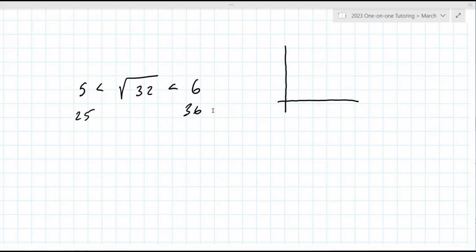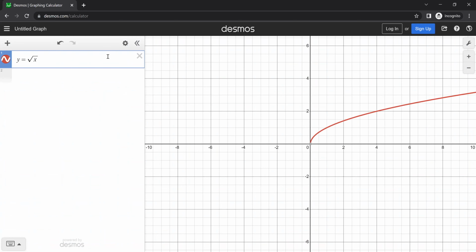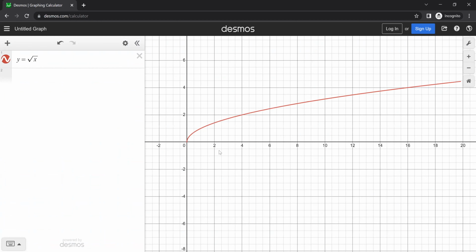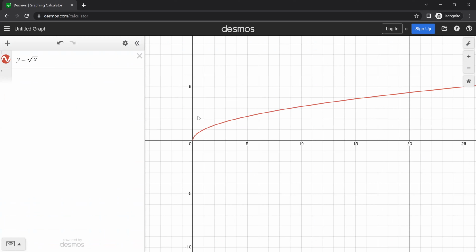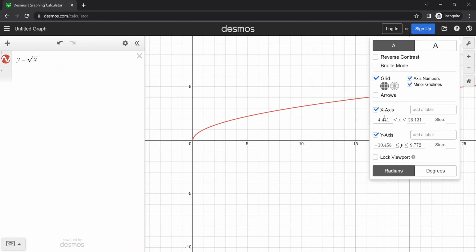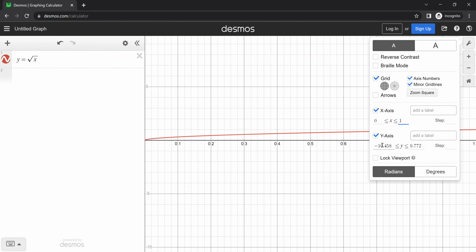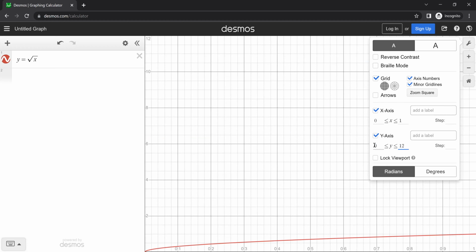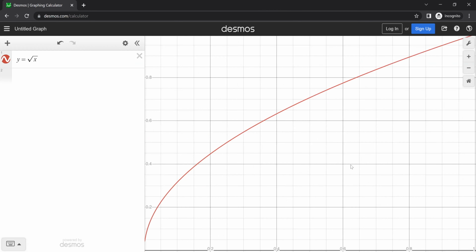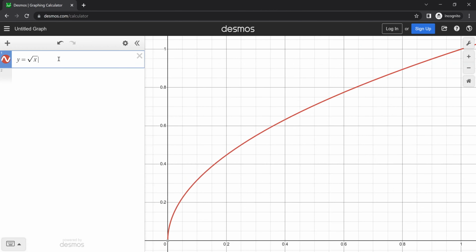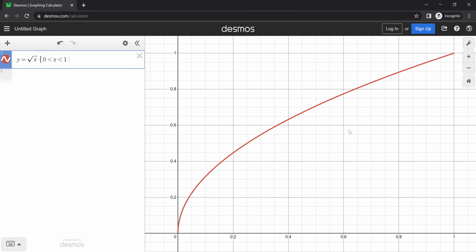All right, so y equals square root of x. Have you seen this graph before? Kind of goes up and to the right. Not that exact graph, no. Okay.